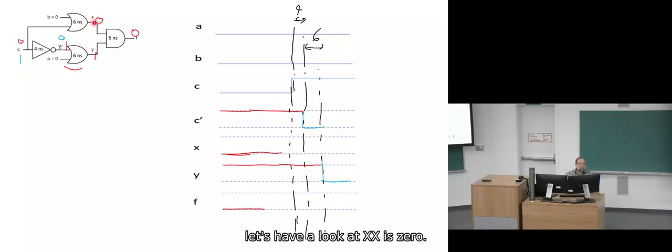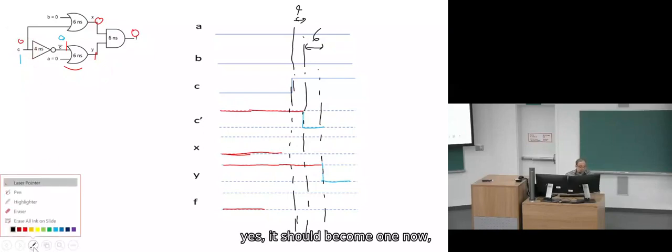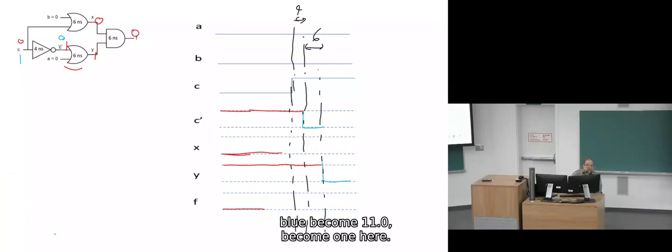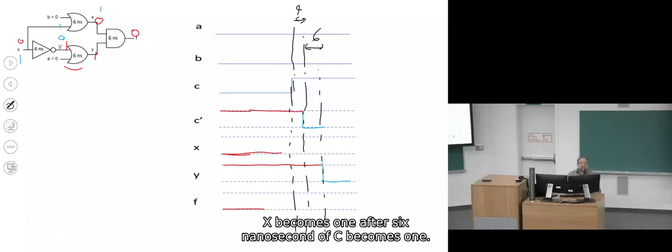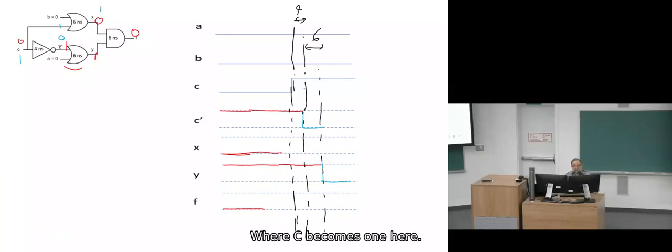Now let's have a look at X. X is 0. Oh, yes, C is 1 now, so it should become 1. So 1 and 0 become 1 here. So X becomes 1 after 6 nanoseconds of C becoming 1. Where does C become 1? Here.